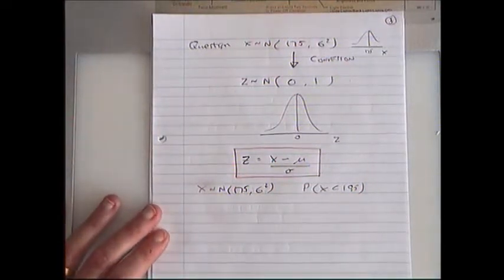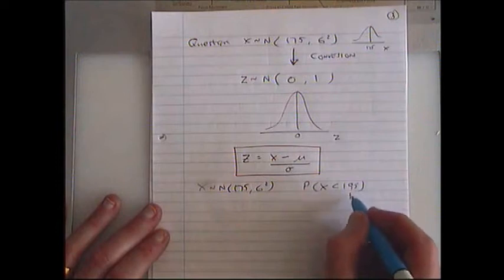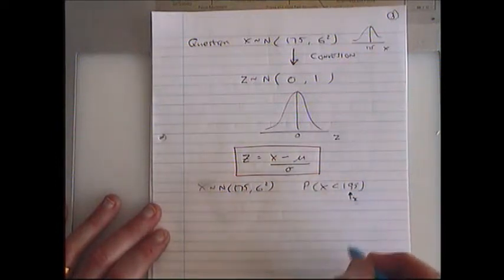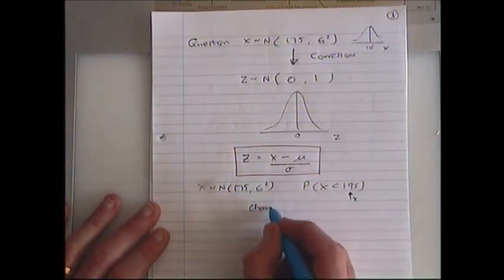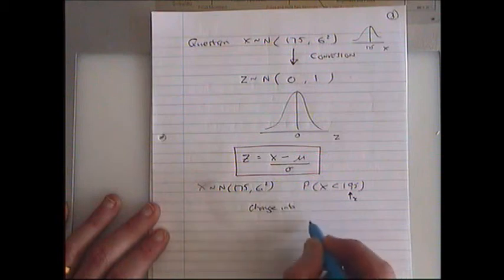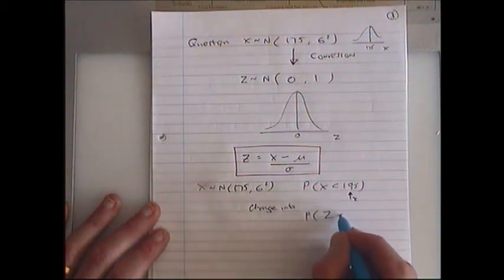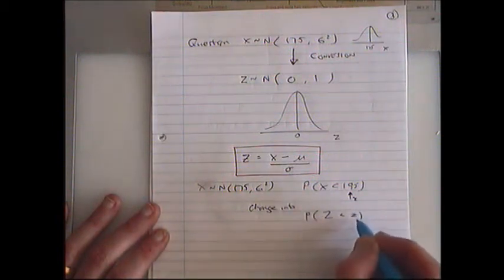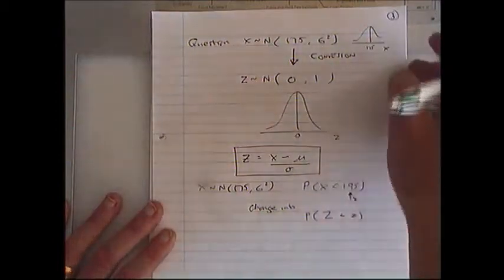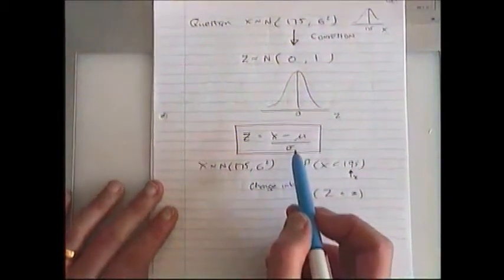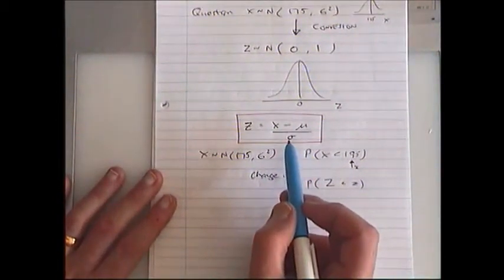What we do is we change that value there, which is a specific value of x, a little x value, into a probability that Z is less than some specific z value. So that's an uppercase Z, that's a lowercase z. We need to work out what this z value is using this transformation.